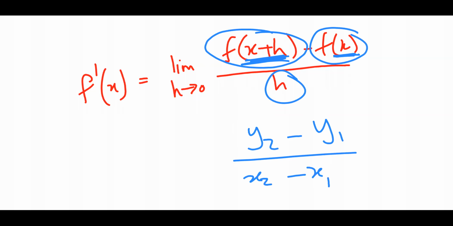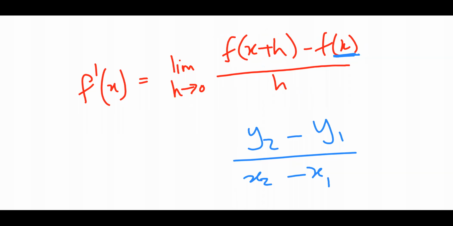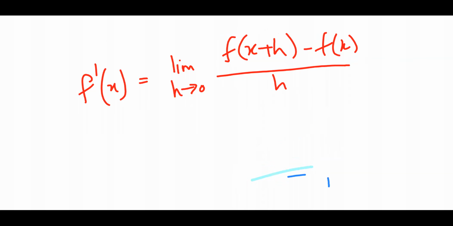If you take x plus h and minus x, you are just left with the h at the bottom. Okay, so it should look similar to gradient. That's why there's a minus in the middle on top. And like I explained now, the x2 and the x1, once you minus them, you're left with an h.